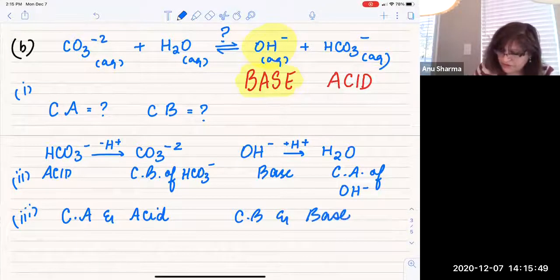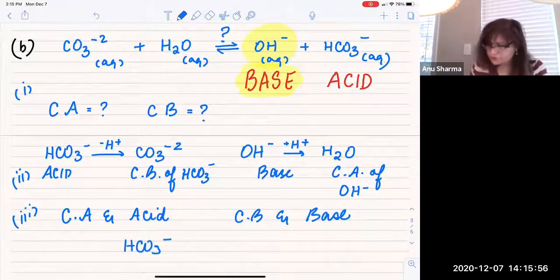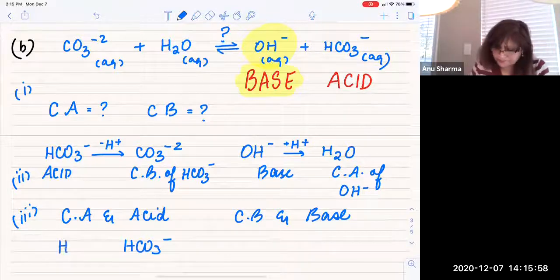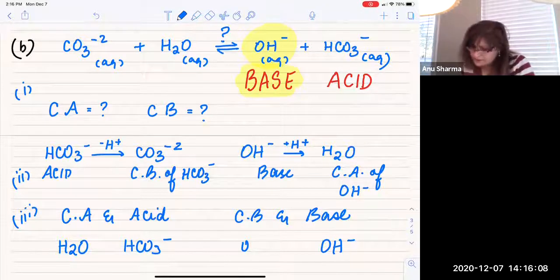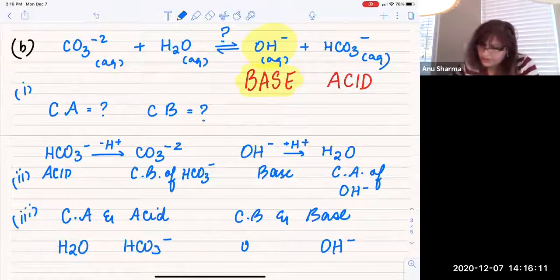So in other words, you're going to compare HCO3 negative to the water, and you're going to compare OH ions to carbonate ions.